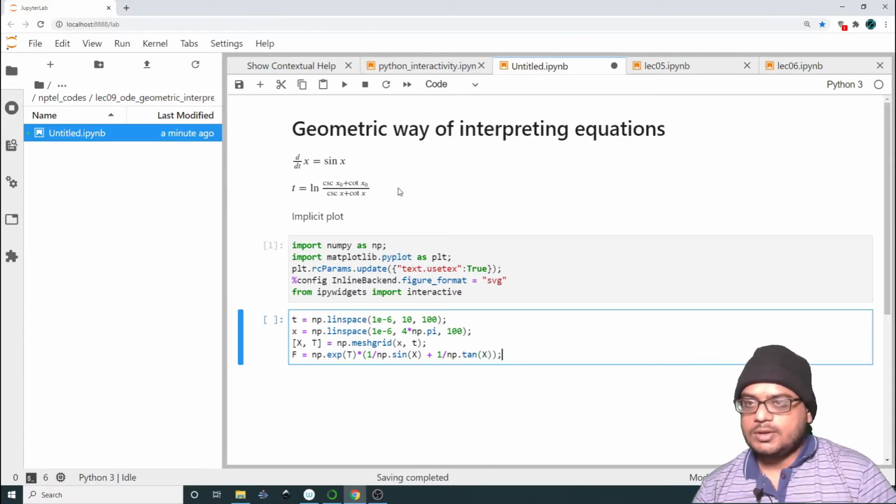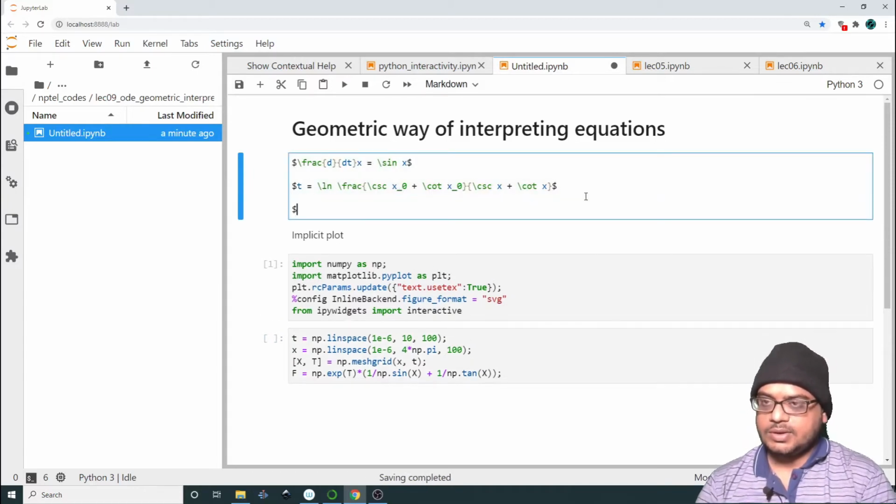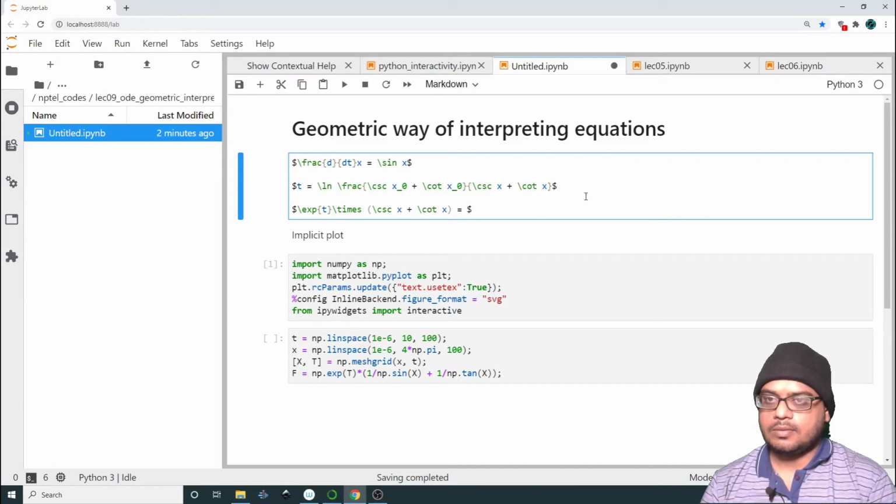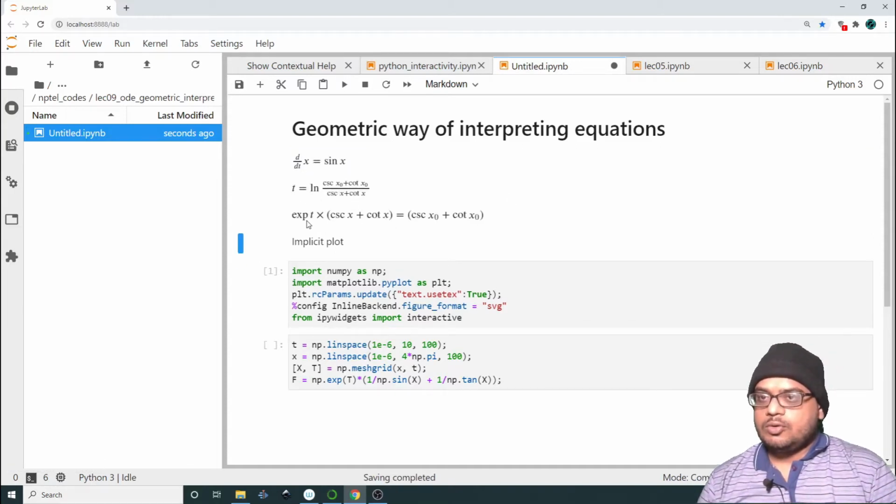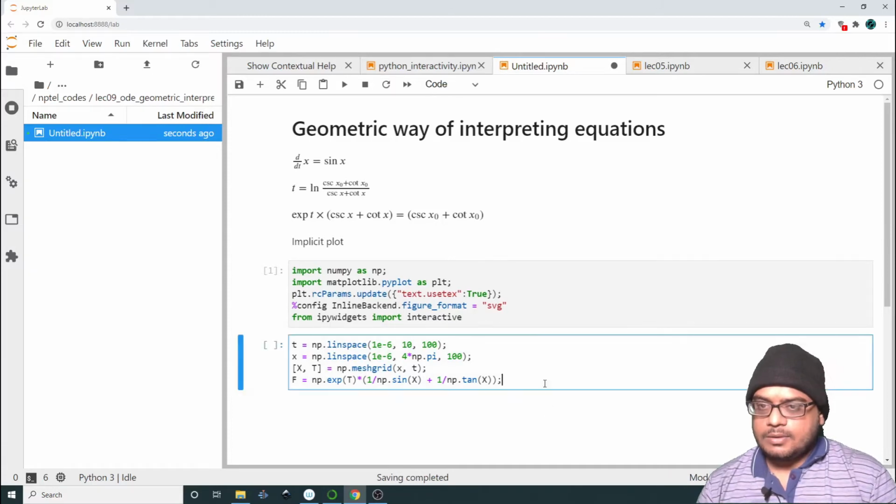Essentially what I'm trying to do is to recast this equation as t exponential of t times, so I'm trying to cast it in this particular form where x naught is obviously the initial condition for this equation.